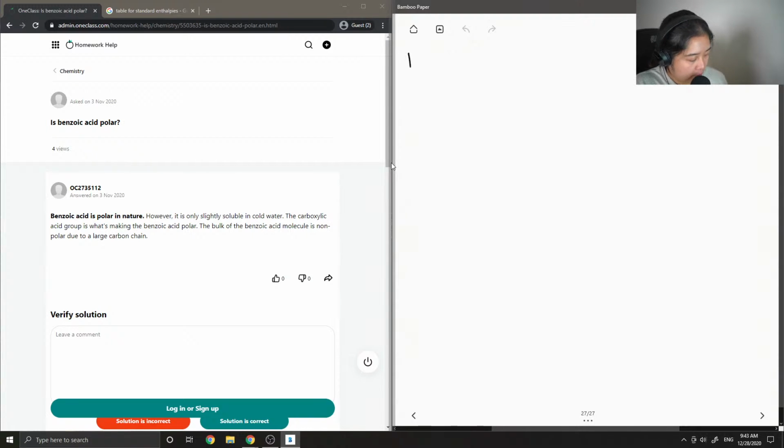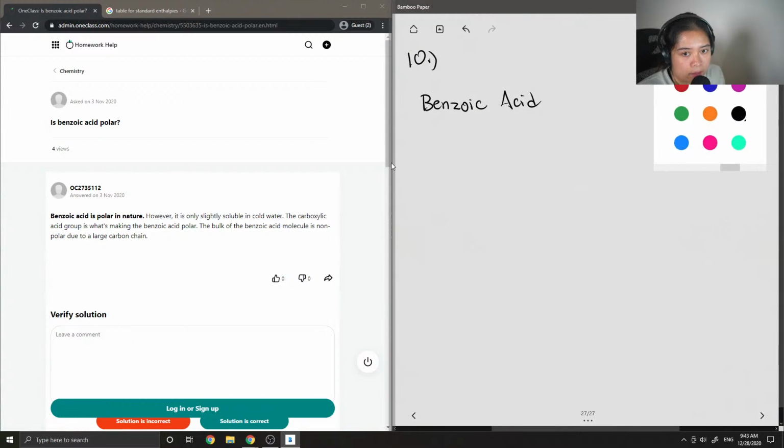Okay, so question number 10. Is benzoic acid polar? Okay, so first let's write down the structure of benzoic acid. Let's just break down the name. So benz tells us that there is a benzene group involved.